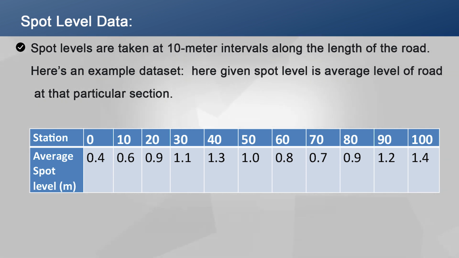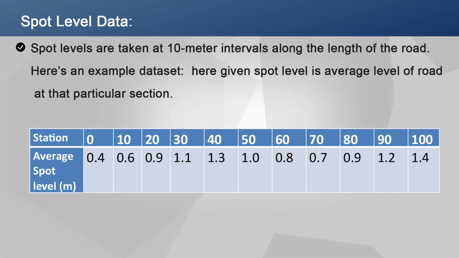Spot level given at any station like 0-meter station, 10-meter station, 20-meter station, it is the average spot level at that section. Okay, I am talking about the cross section. In that particular cross section, the given spot level is the average spot level, means it is calculated at multiple points and then averaging is done.